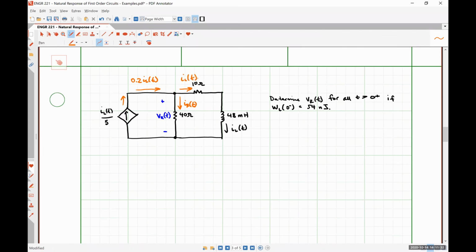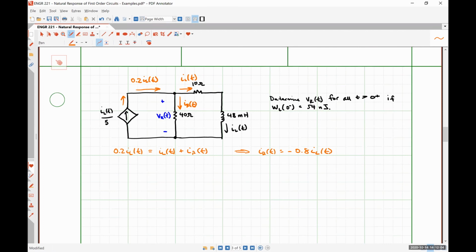So I would argue that the current flowing in, 0.2 IL of t, is equal to the current flowing out, which is IL of t plus IR of t. From this, we should see that IR of t is 0.2 minus 1, negative 0.8 IL of t. Anybody got any problem with that?